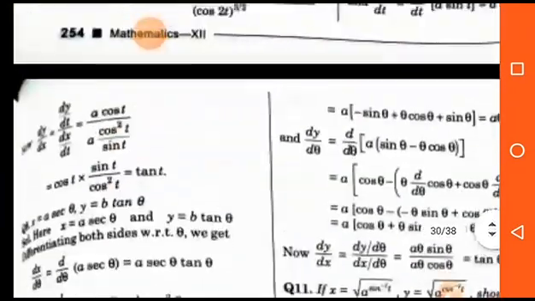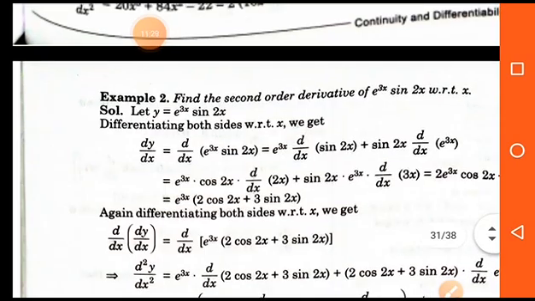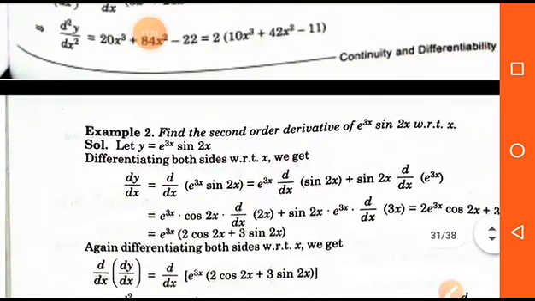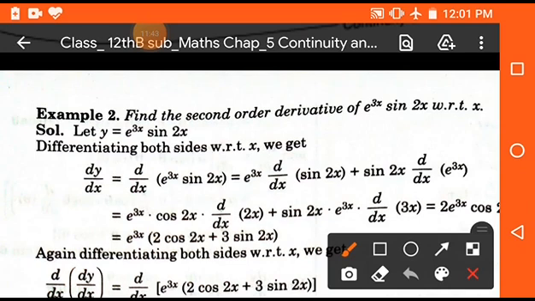Okay, students. Now students, we will solve some other examples, and these examples include exponential function and logarithm function or trigonometric function with product. So take another example, y is equal to e to the power 3x into sin 2x.